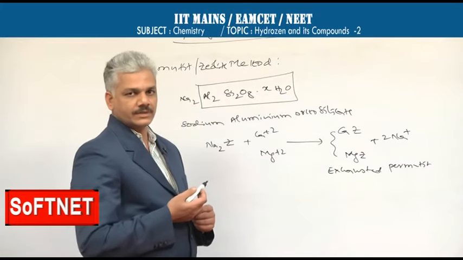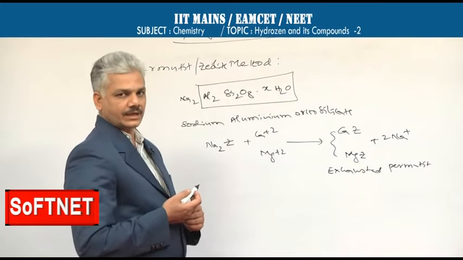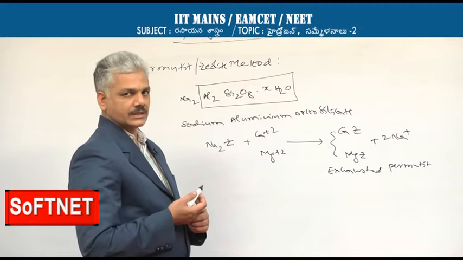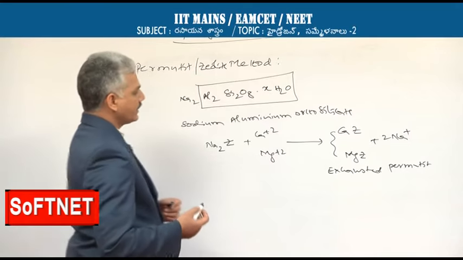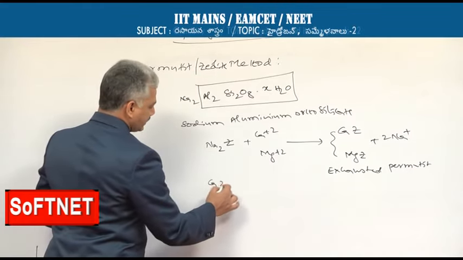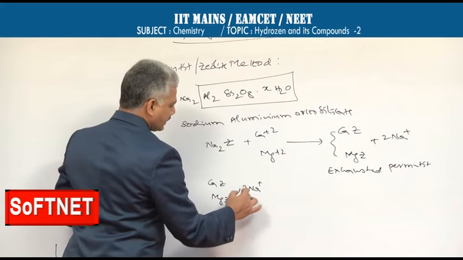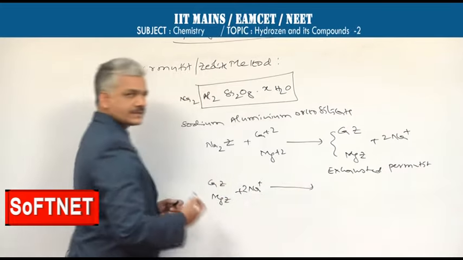This exhausted permutit can be regenerated by washing with a brine solution. Brine is a 10% concentrated salt solution. When calcium or magnesium zeolites are treated with a brine solution, the reverse process will take place.